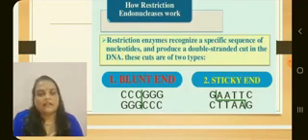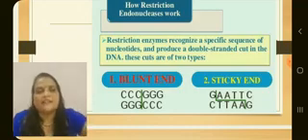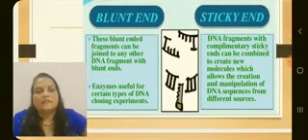And the cut may be asymmetric, and if the cut is asymmetric, it produces sticky ends. So, two types of ends are produced after restriction enzymes cut the DNA, either blunt ends or sticky ends. Sticky ends are also called cohesive ends. These are produced by staggered cut or asymmetry.